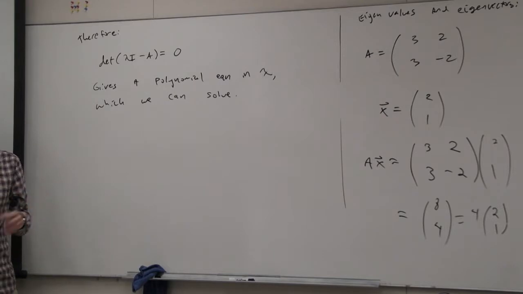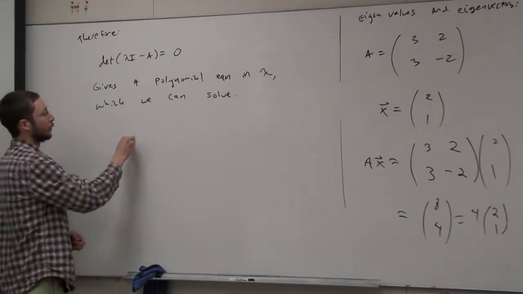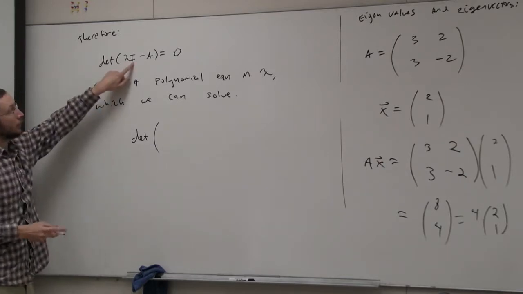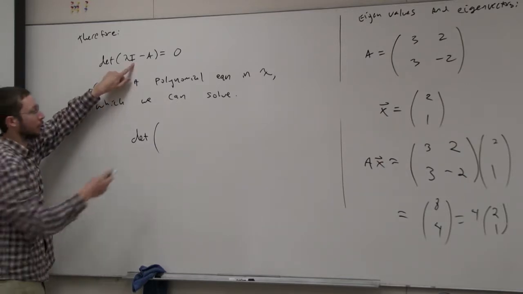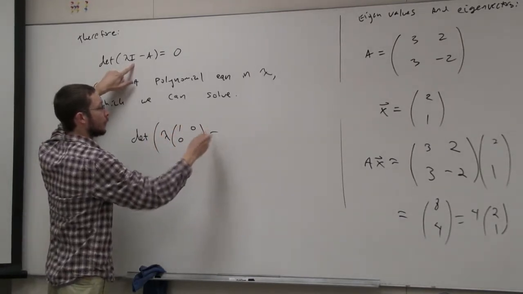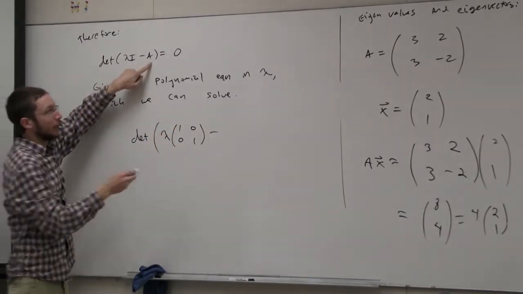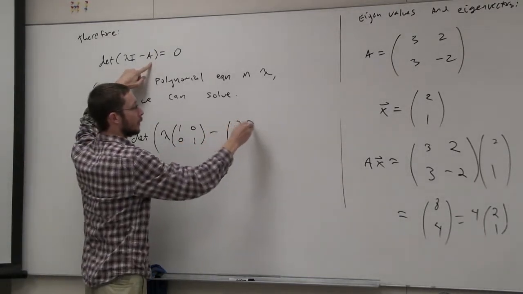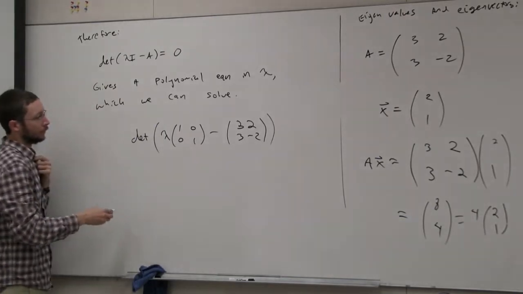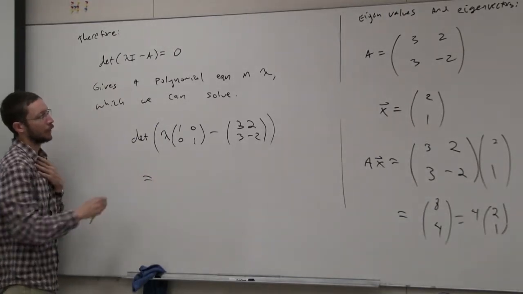So without further ado, let's actually work through this. We've got a 2 by 2 matrix, so we'll have a 2 by 2 identity, right? And we've got lambda times [1, 0; 0, 1], minus the matrix A, [3, 2; 3, -2].